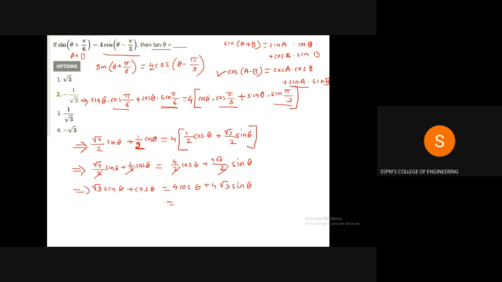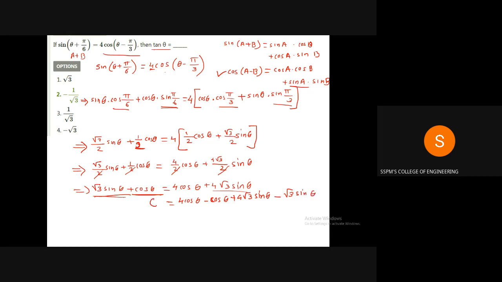So we can write, this root 3 sin theta and cos theta can be taken to the right hand side, so we get 4 cos theta minus this. Plus cos theta will become minus cos theta on the right hand side, plus this part 4 root 3 sin theta minus root 3 sin theta.